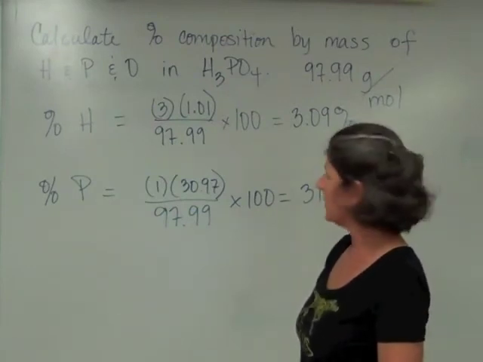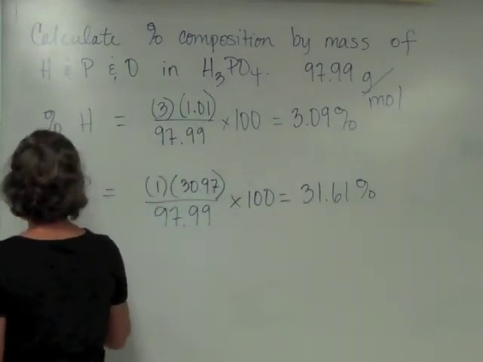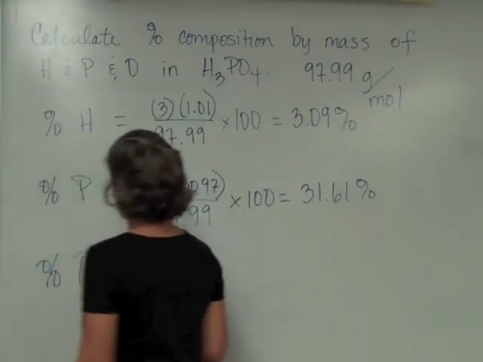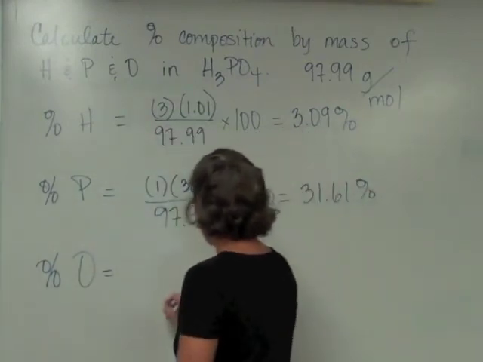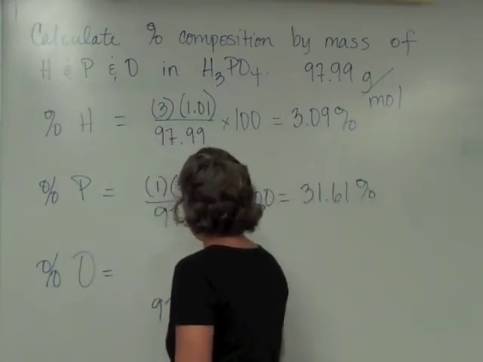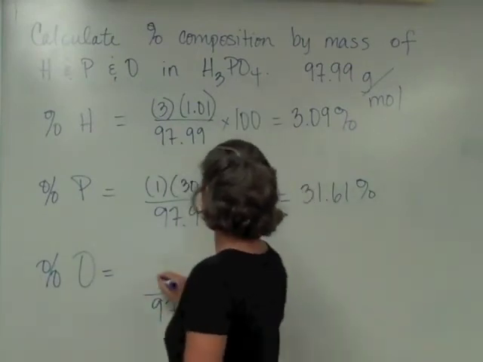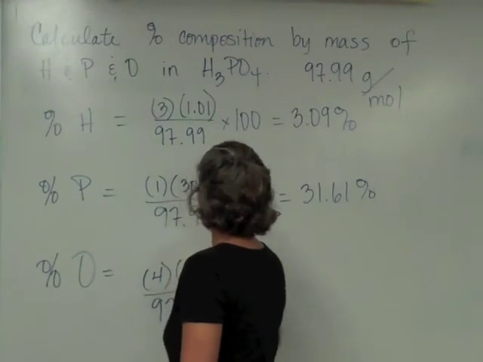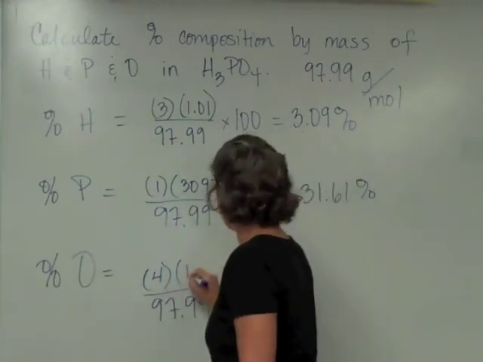Okay, last but not least, it's the oxygen. Our whole is 97.99. And let's see, we've got 4 oxygens, each weighing in at 16.00.